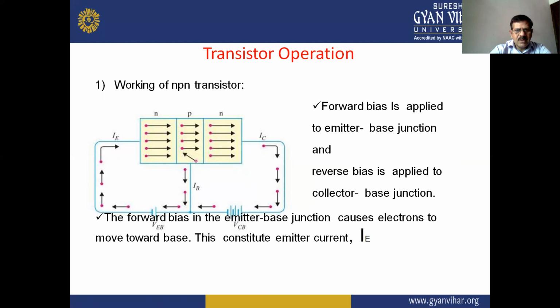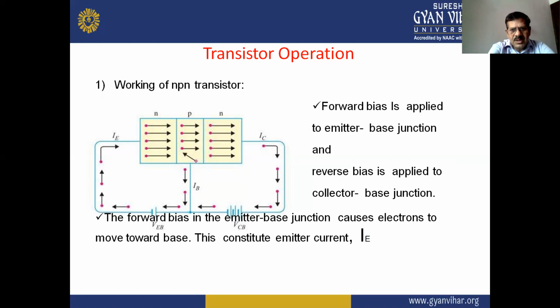The supply voltage VEB is across the terminals emitter and base, and supply VCB is across the terminals base and collector. With the supply voltage VEB, the emitter diode is forward biased.